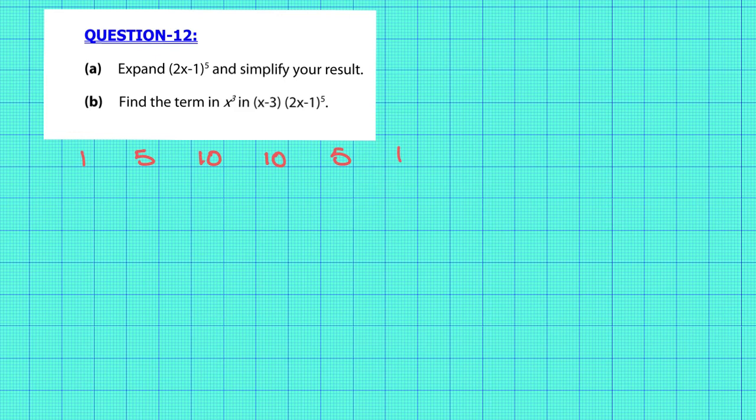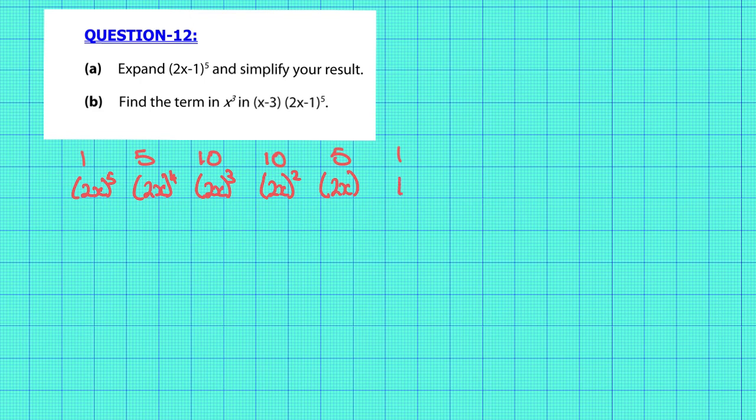Now we can expand. We get 2x to the power of 5, 2x to the power of 4, 2x cubed, 2x squared, 2x, and anything to the power of 0 is 1.